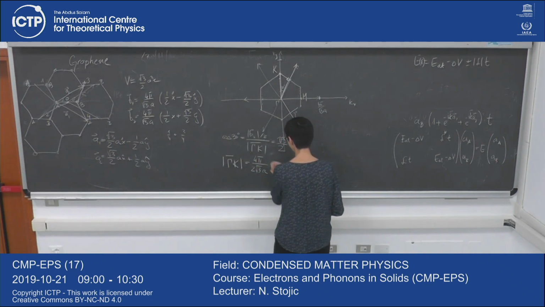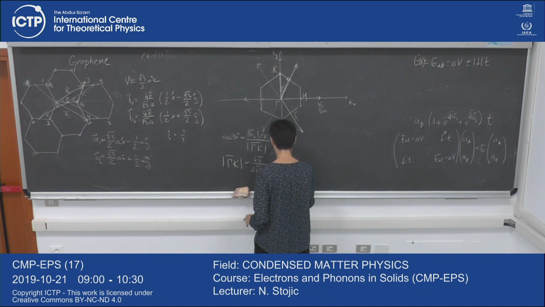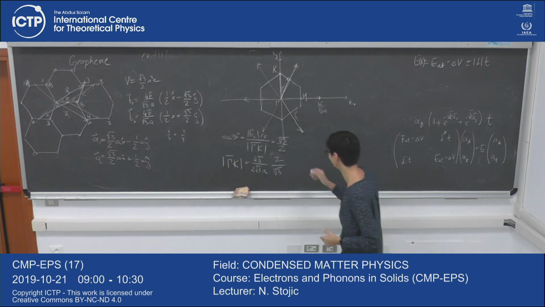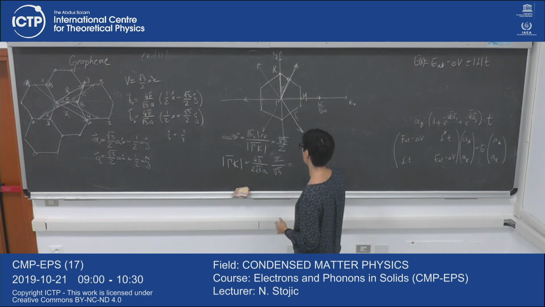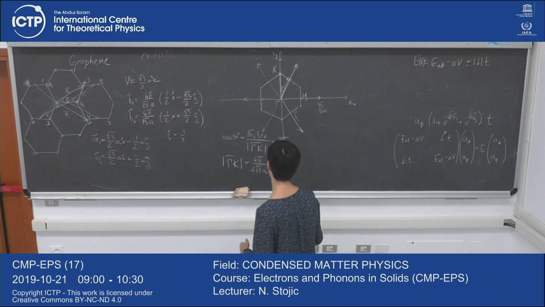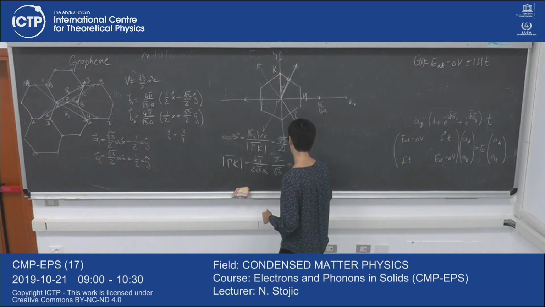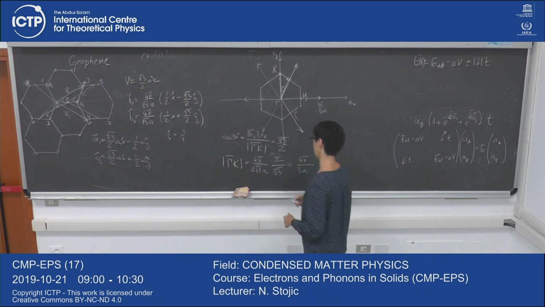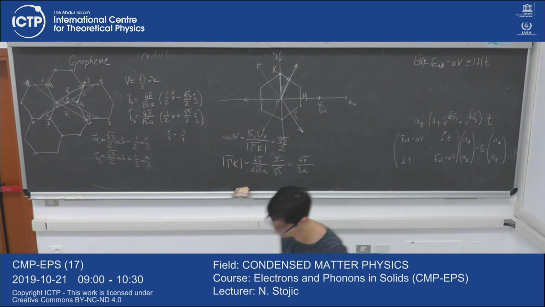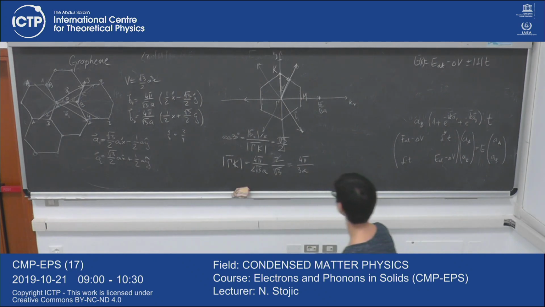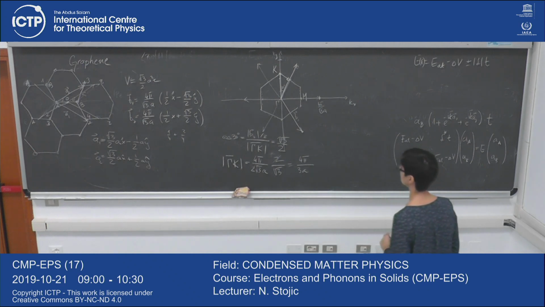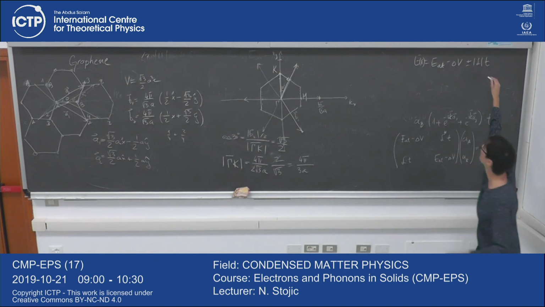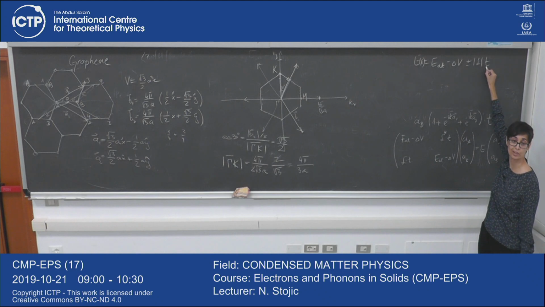Yes, now I understand. So what we are getting here is 4 pi over 3a. Let me check if it's correct. Yeah. That's good. Fine. And now we have to find the absolute value of alpha.